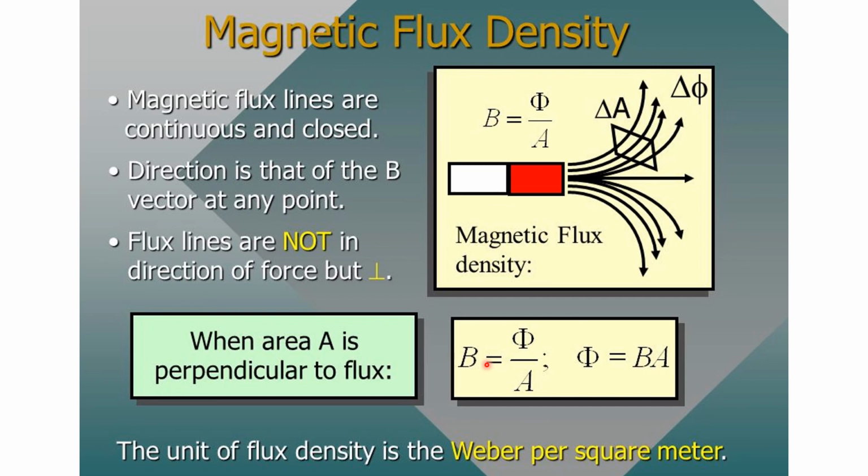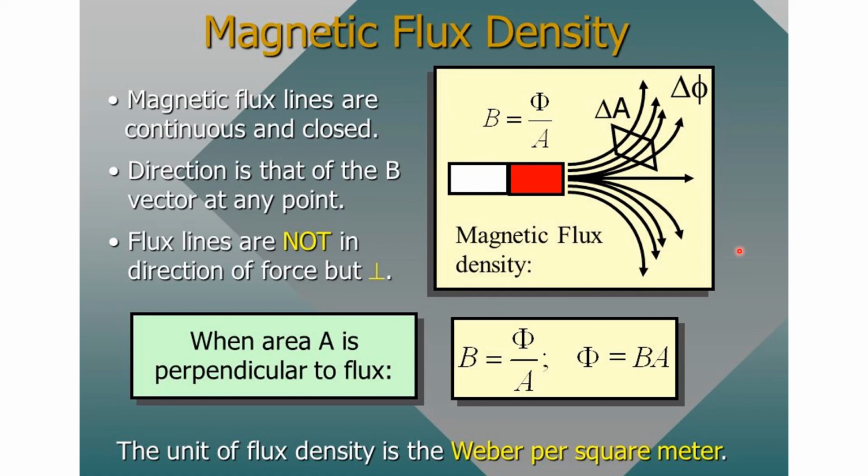Its unit is Webers per meter square. Magnetic flux lines are continuous and closed. Direction is that of the B vector at any point. Flux lines are not in the direction of force but perpendicular. When area A is perpendicular to flux, we get B equals phi divided by A.